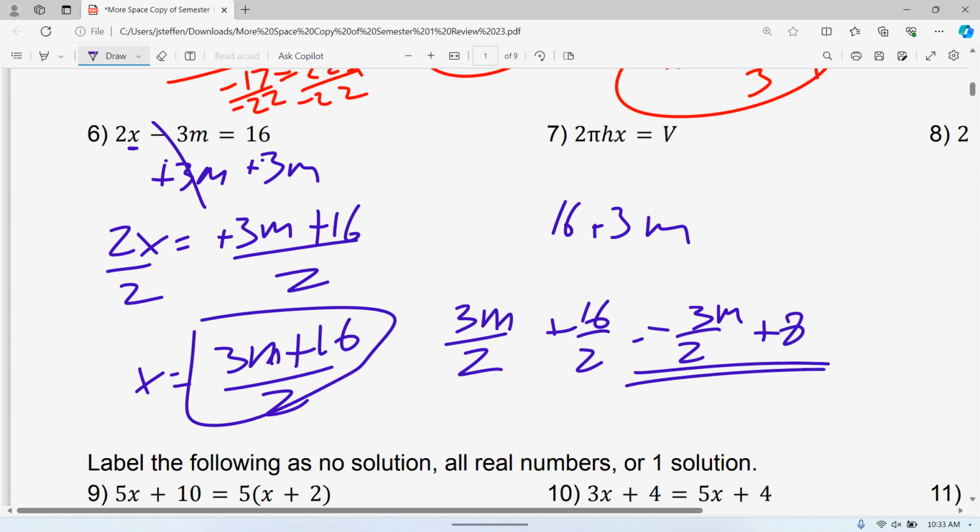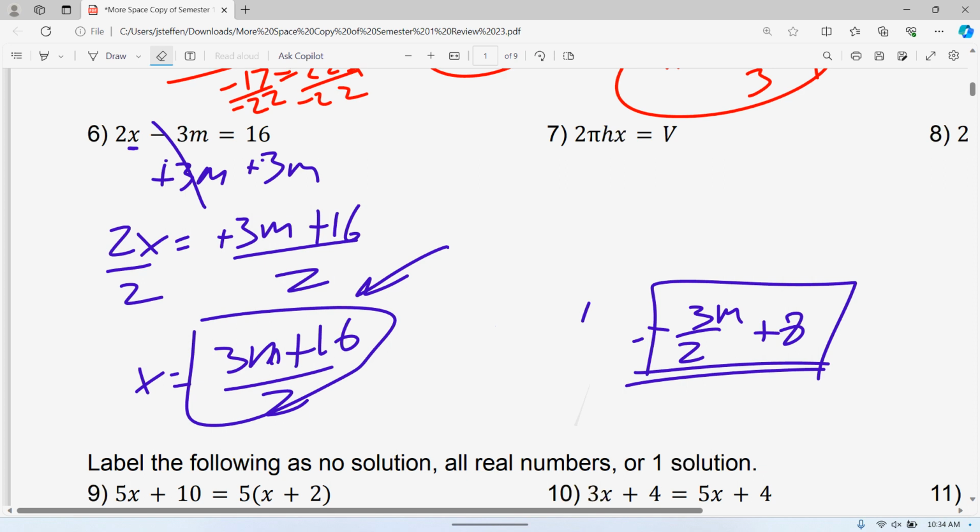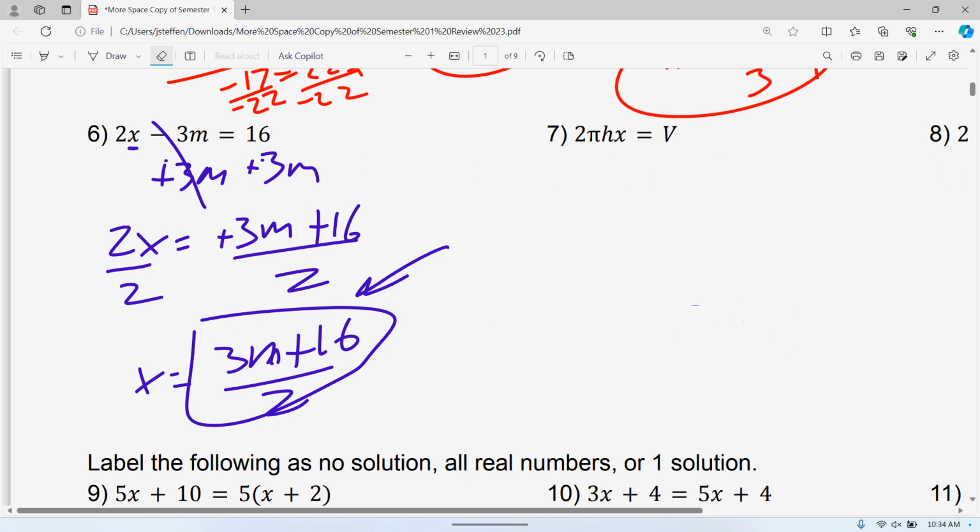So I actually think this is probably the best answer. But if you want to leave it like that, that's fine. I think the one on the final exam that I have like this, I don't think you can reduce like that. Like, I don't think you need to split it up. If you want to, you can, but I don't think you need to. But again, ultimately, multiple choice. So hopefully you can use the multiple choice options to kind of guide you.